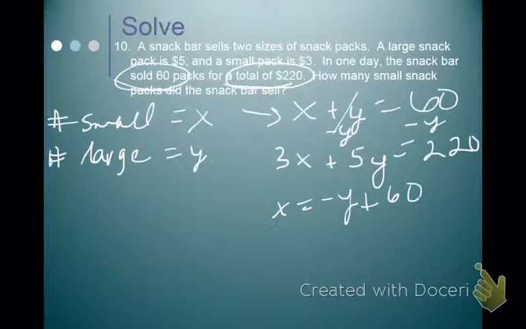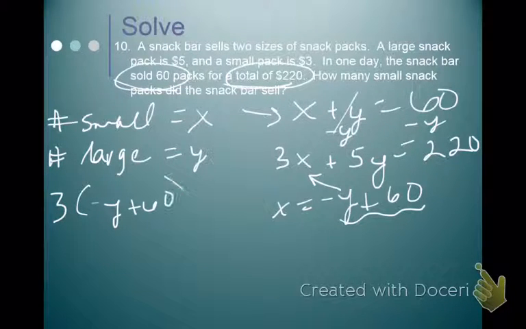And when you do, you get x equals negative y plus 60. Now I know that x equals this, so I can literally take that and plug it in or substitute it in for that x. So we get 3, and I'm going to literally take that x out and replace it with negative y plus 60, plus 5y equals 220. And now it just becomes a matter of solving for y. We're going to distribute here.